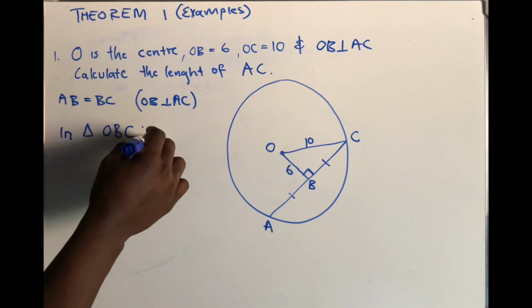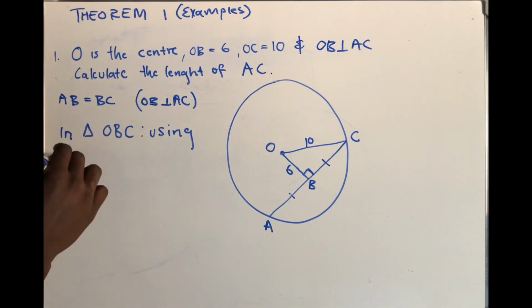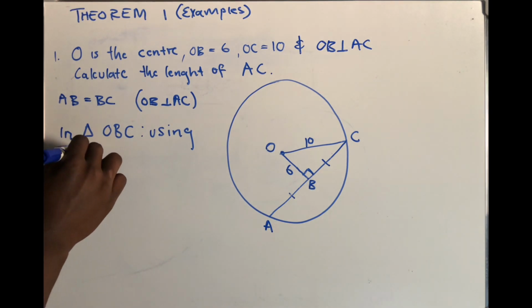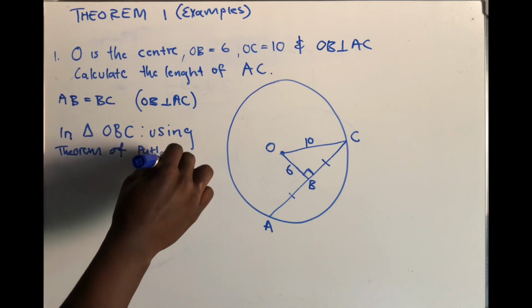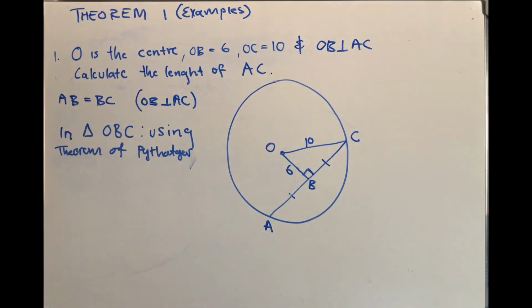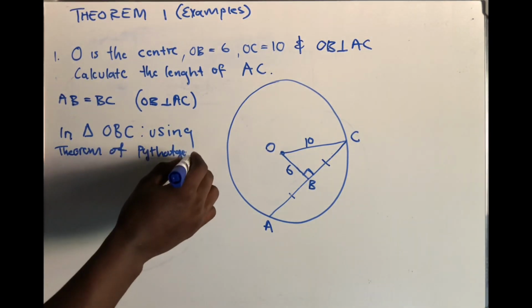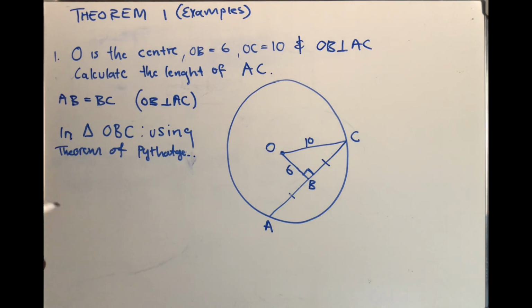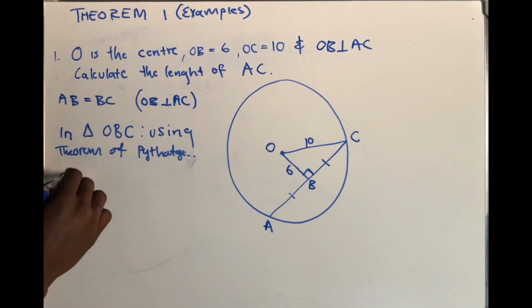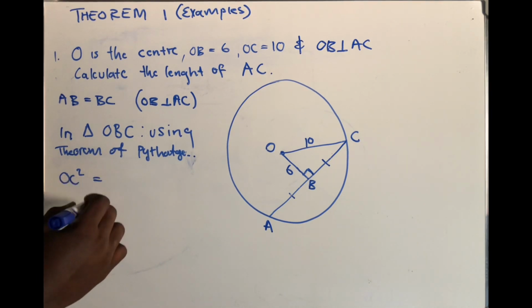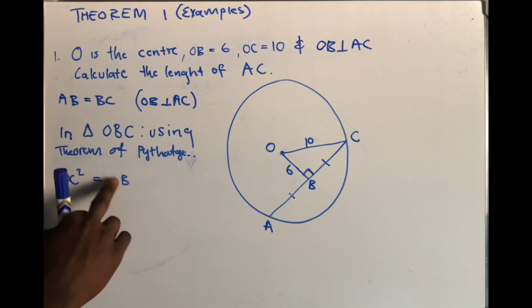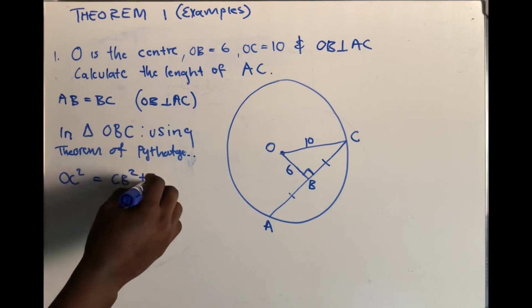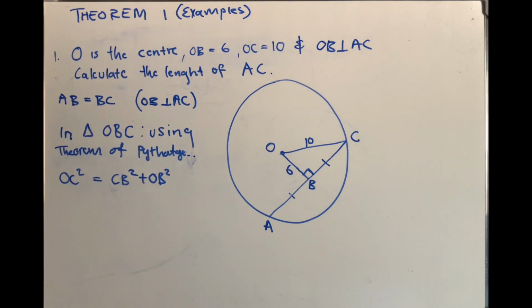So, using the theorem of Pythagoras, we find that OC, our hypotenuse, squared is equal to OB squared plus CB squared, or you can start with CB squared plus OB squared.